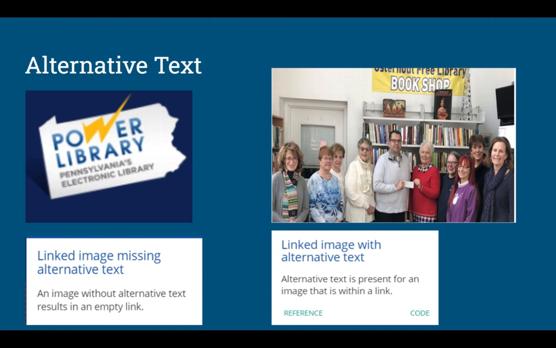The Wave accessibility tool actually gives a positive comment about this image here because it does have alternative text. But what is not realized in Wave is that all the alternative text for this image says is "thank you, friends." So instead of saying this is a photo of friends at the library standing in front of a bookshelf in the library holding a check for $35,000, it just says "thank you, friends."